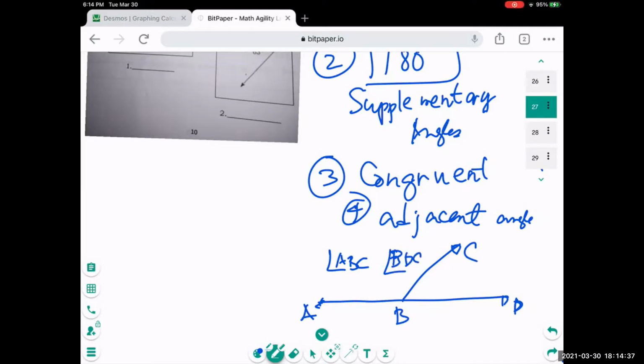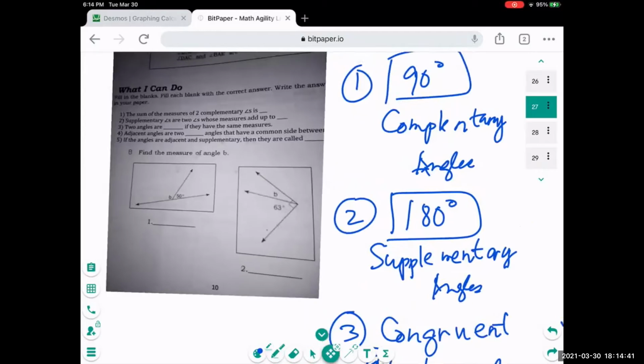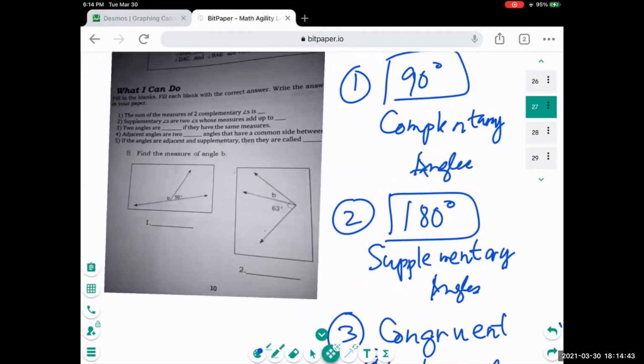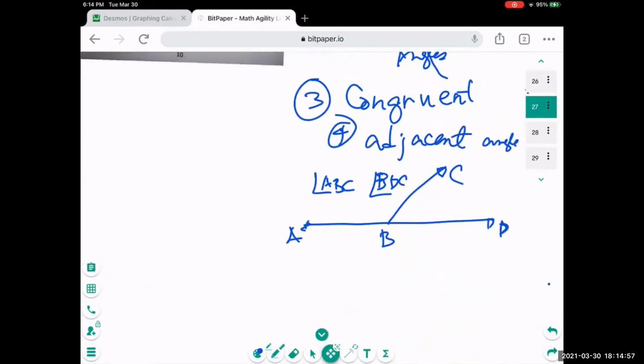And then what's the other question? For number five, if the angles are adjacent and supplementary, then they are called a linear pair, right? So this is an example of a linear pair.